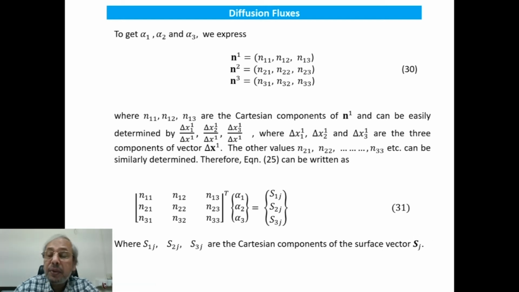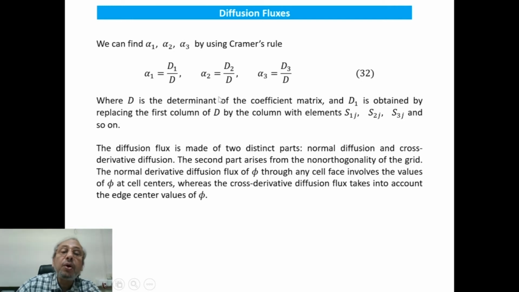And from equation 31, it is possible to calculate alpha 1, alpha 2 and alpha 3 by applying Cramer's rule. So we will do that. We can find alpha 1, alpha 2, alpha 3 by using Cramer's rule, where alpha 1 is D1 by D, alpha 2 is D2 by D, alpha 3 is D3 by D. D is the determinant of the coefficient matrix.